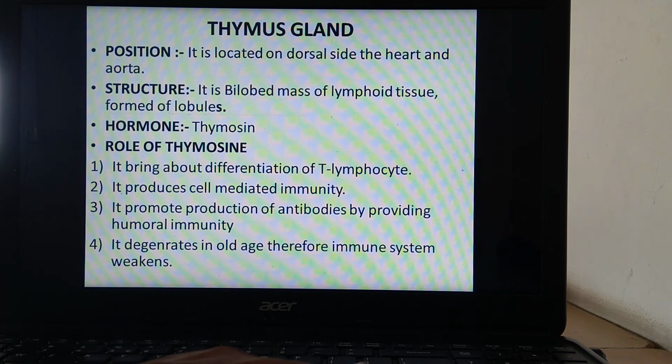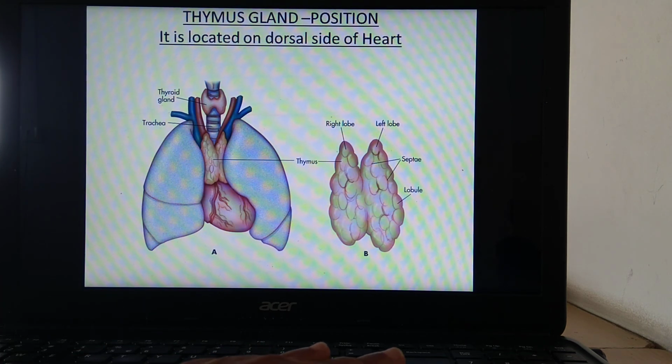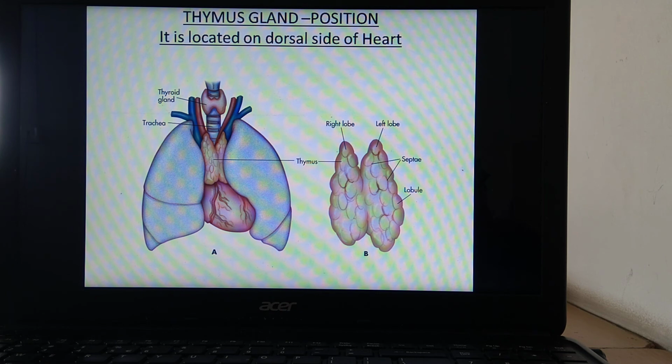Okay, we'll see diagrammatically the position of the thymus gland. Before observing the thymus gland, see this first diagram. What does it show? These are the lungs on both sides. This is the heart observed from the dorsal side, that means the heart seen from the back side.